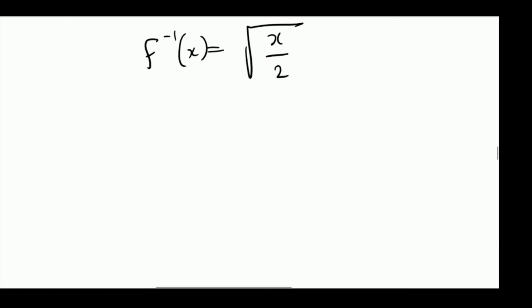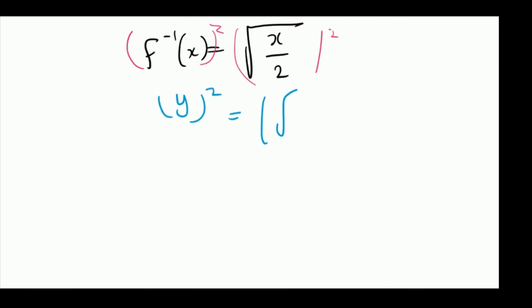What you need to do is square both sides. We know that this is the inverse, which you can write as y. So we square it, and we square the x over 2. We're going to have y squared equals x over 2. Then since it's an inverse, we have to swap.